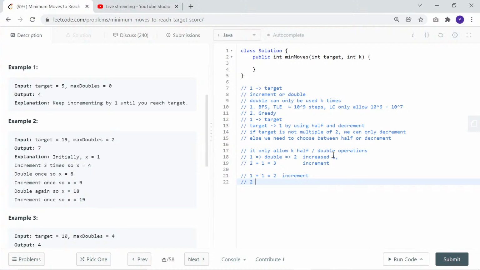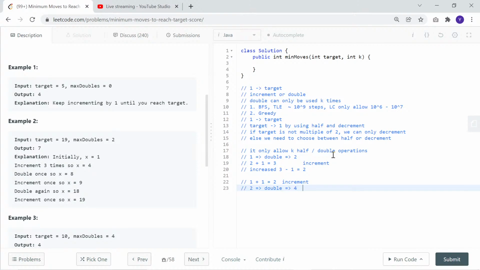Then we do a double. So we get 4. So in the first example we increase by 3 minus 1 equal to 2.